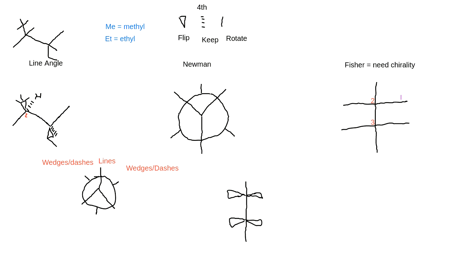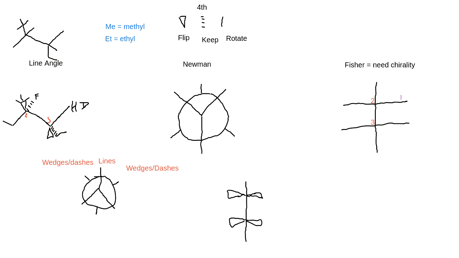Sorry, this is still carbon 3. And let's say we're looking from this side. And let's say that's a methyl, and this is an ethyl, and this is a hydrogen. And then let's say this is an ethyl, and this is a fluorine.